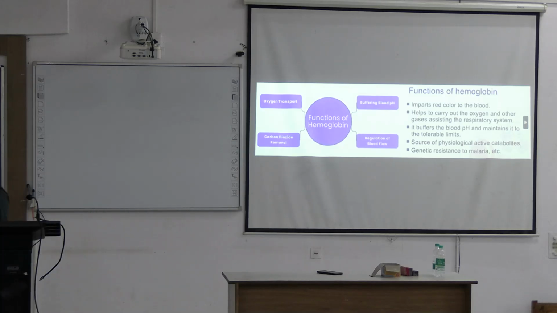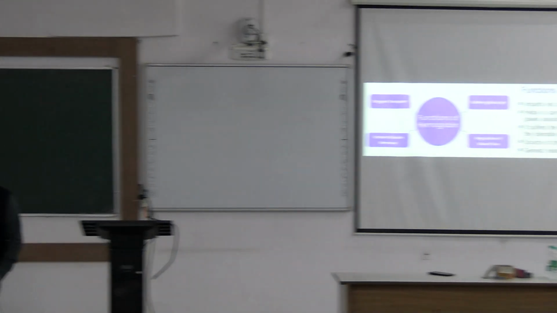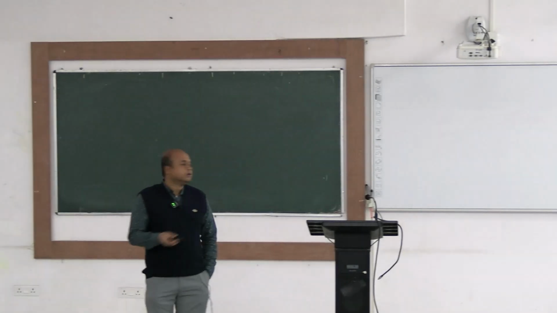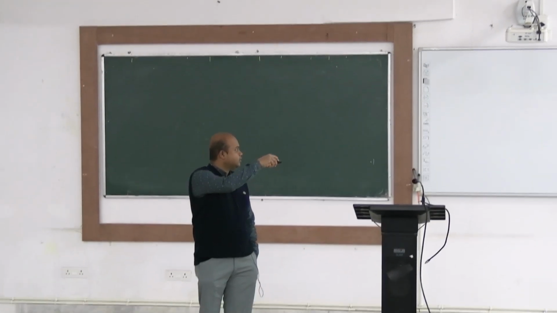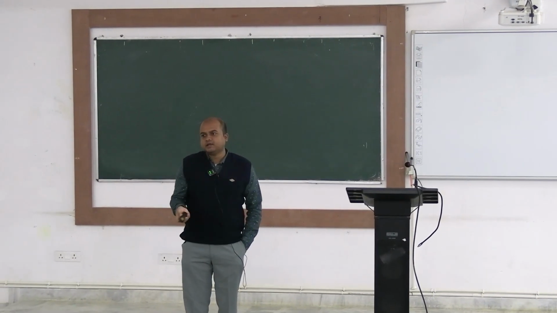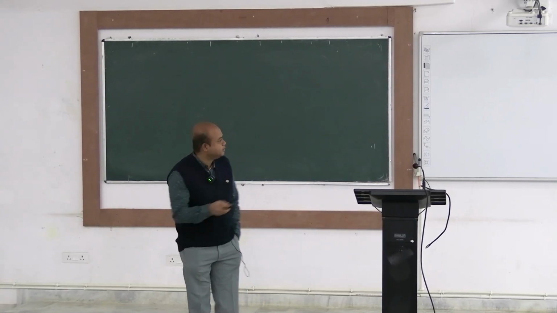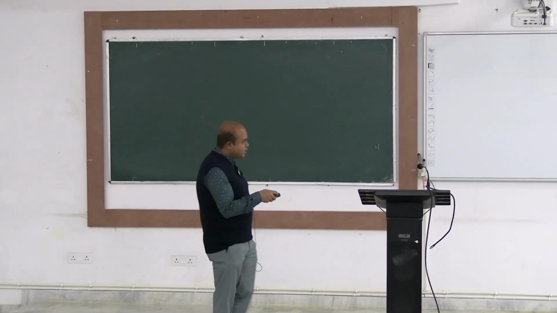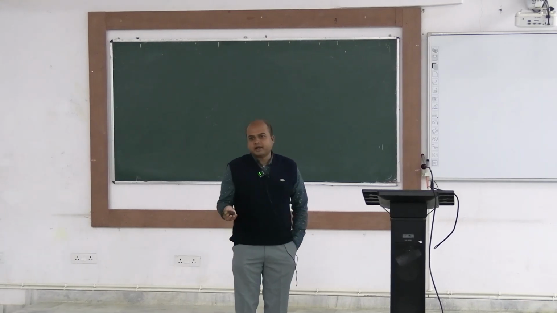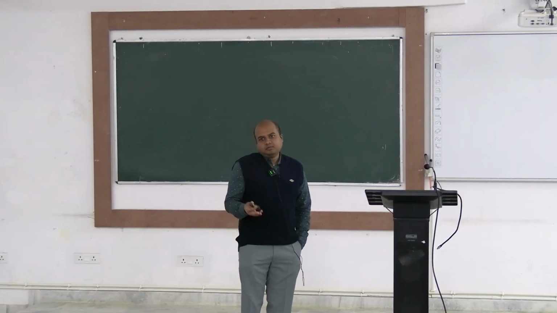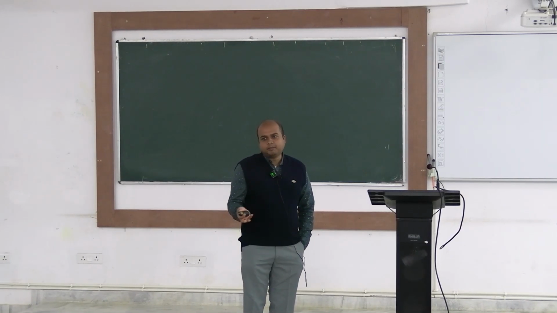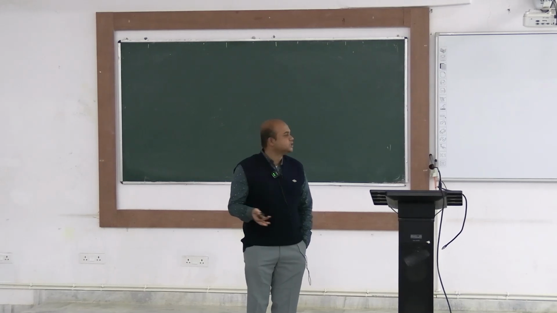In acid base balance, hemoglobin can combine with H plus, and buffering action means neutralizing. This is mostly about acid base balance. What we mentioned as a source of physiologically active catabolites comes from hemoglobin breakdown, and it should not be strictly called a function.